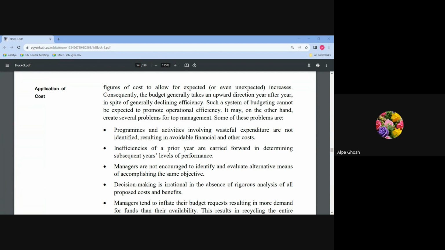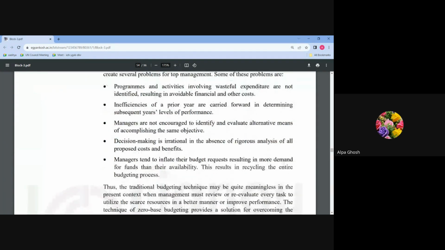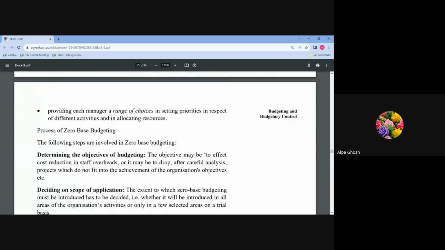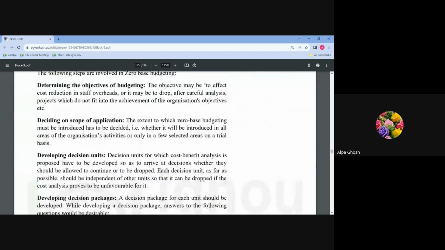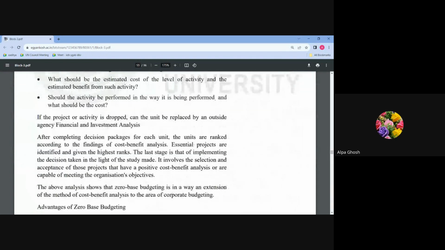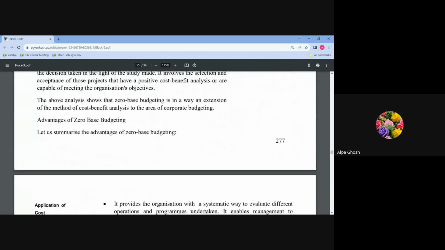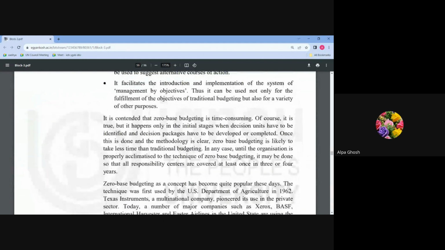Now I'm coming to the next one. After zero-based budget: zero-based budget says that there is no consideration for ongoing activities.